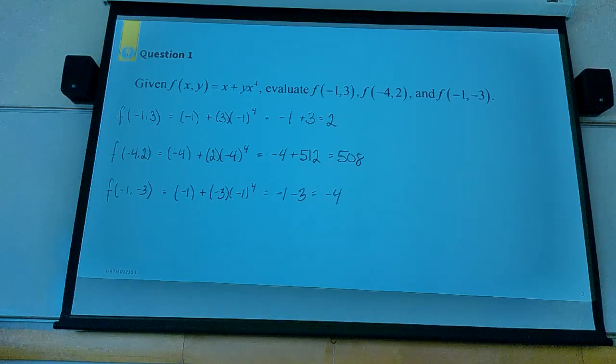Then f of -1, -3 is -4. Right? It's the same idea for more than two variables. Just have to keep an eye on the order in which your variables appear.